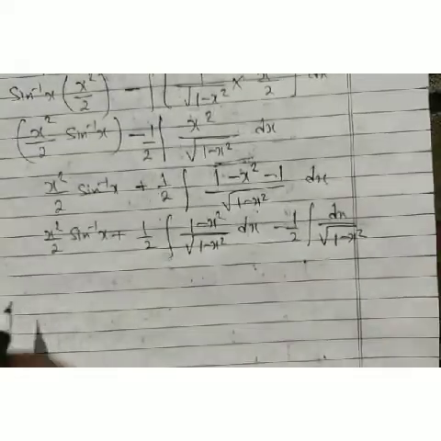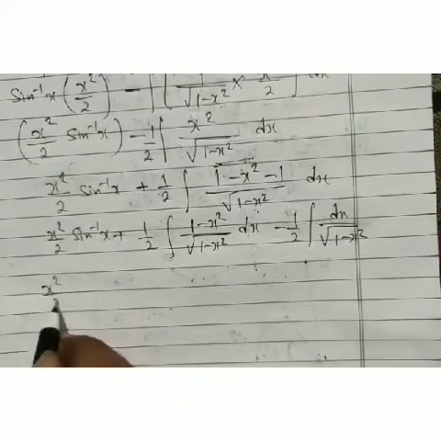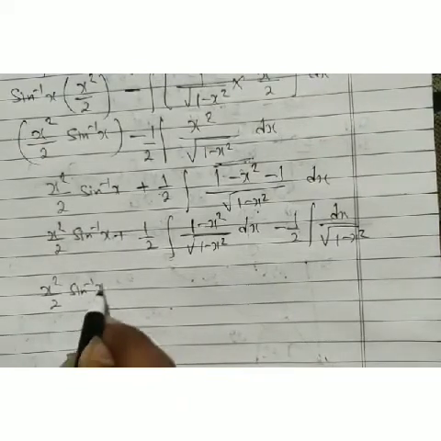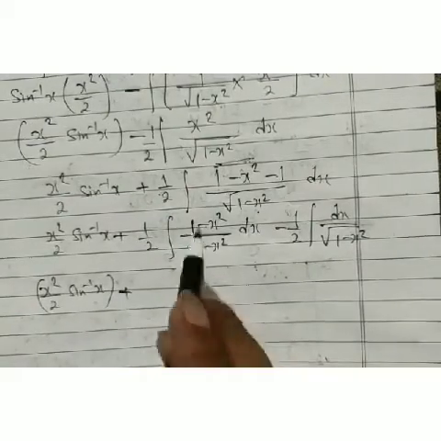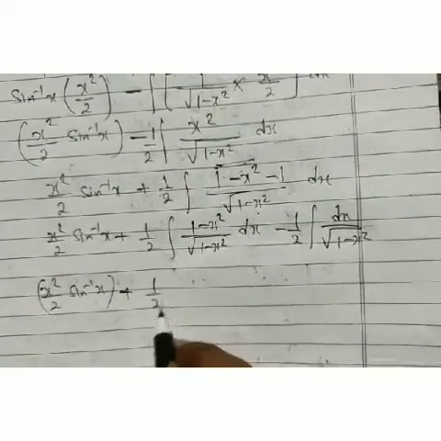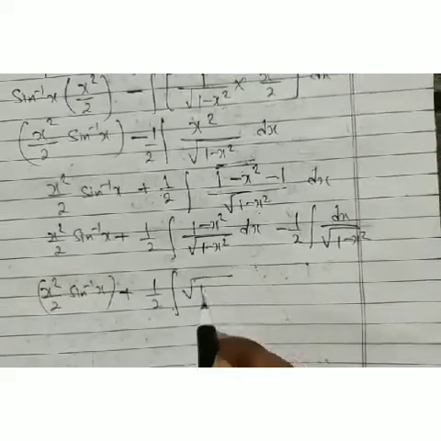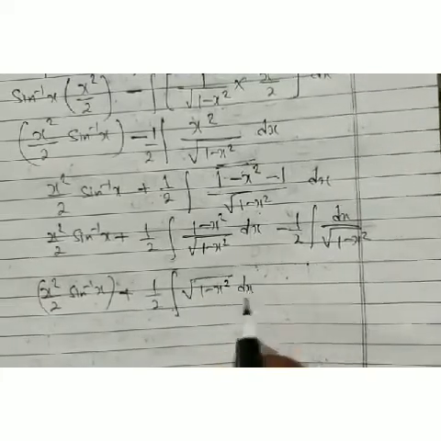Now what we have? x square by 2 sine inverse x. Here we are going to cancel out each other. Then we have 1 by 2 integration of under root 1 minus x square dx.